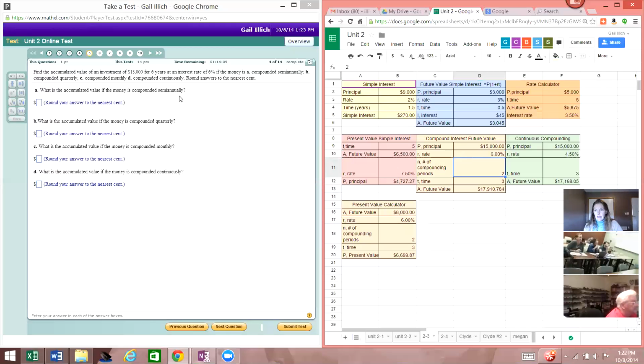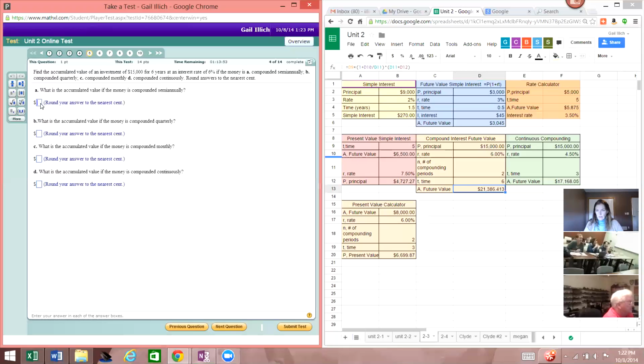First, we're going to do semi-annually. How often is semi-annually? Twice a year. Good. And then the time is 6 years, so I'm going to put a 6 in. Rounded to the nearest cent, 21,386.41.